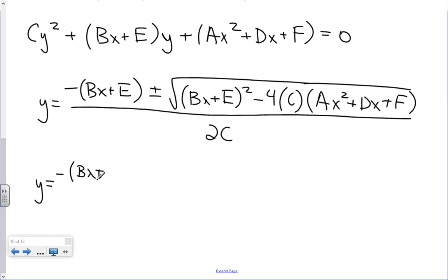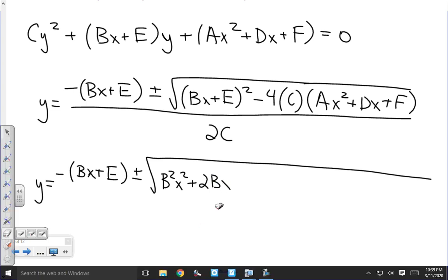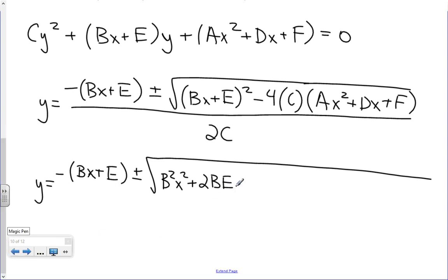So it's the opposite of bx plus e, and then plus or minus the square root of this big long thing here. If I take bx plus e and square that, I end up with b squared x squared plus 2be times x, and then plus an e squared.